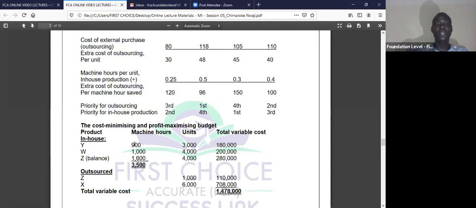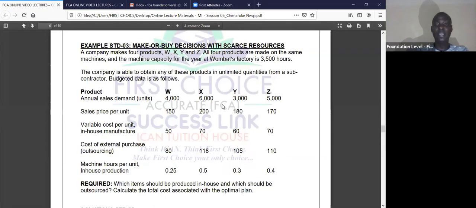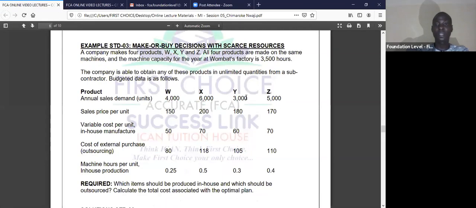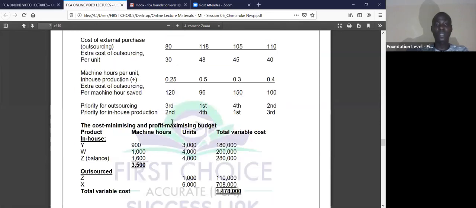So if you see, the question told us that Y is 3,000 units that must be used. So that's why you see your 3,000 units here.